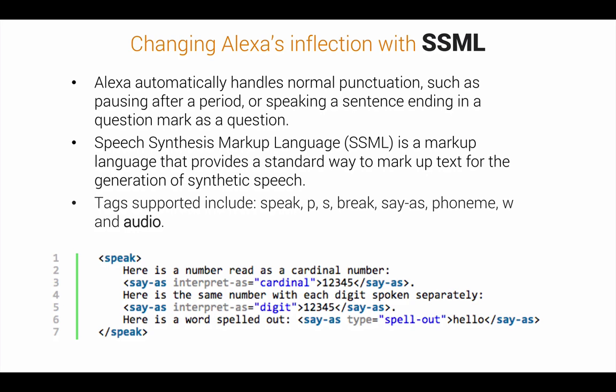So you start SSML with speak tags, and you can see here is a screenshot from our developer portal. So I have an open speak tag and a closed speak tag, and then I just use normal text like I would in a plain text or speech output speech object response, but now I intermingle it with these cool little SSML tags. So if you look at the bottom one there, spell out hello, it would actually do H-E-L-L-O.